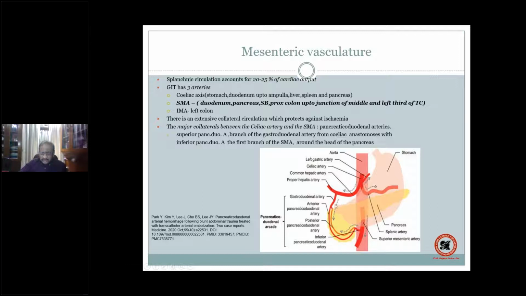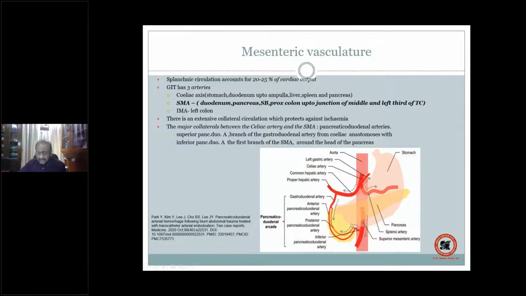This gastroduodenal artery is going to give rise to the superior pancreaticoduodenal arteries, that is superior anterior and superior posterior, which are going to anastomose with branches of the superior mesenteric artery, namely the inferior anterior and inferior posterior pancreaticoduodenal arteries, right? So the inferior pancreaticoduodenal artery is the first branch of the superior mesenteric artery around the head of the pancreas.